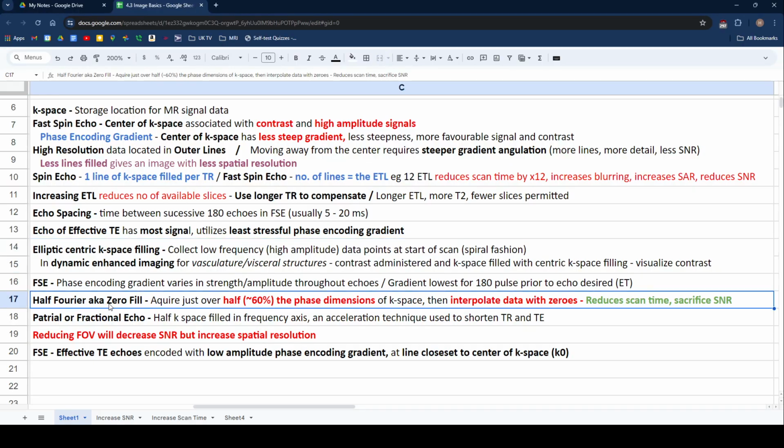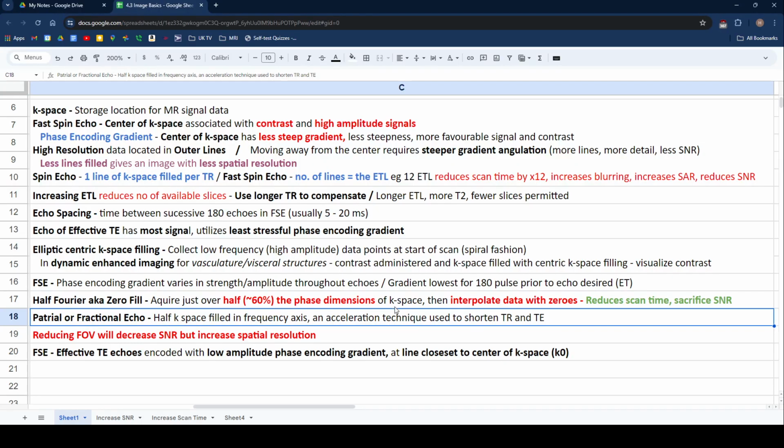Half Fourier, aka zero fill, acquires just over half, around 60% of the phase dimensions of K-space, then interpolates the data with zeros. It reduces your scan time but sacrifices signal to noise. Partial or fractional echo means half of K-space is filled in the frequency axis.